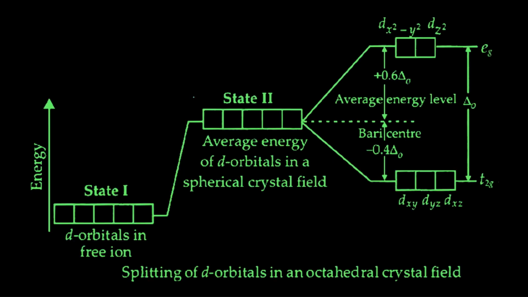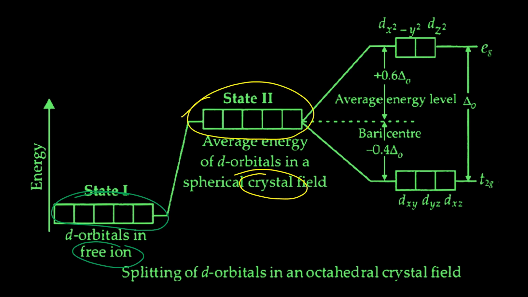Now, first see the diagram. In the free ionic state, this is the d subshell. In the presence of an octahedral field, it will acquire some energy and increase its overall energy, and then it will get split into two sets. One set will be T2G, the other set will be Eg.